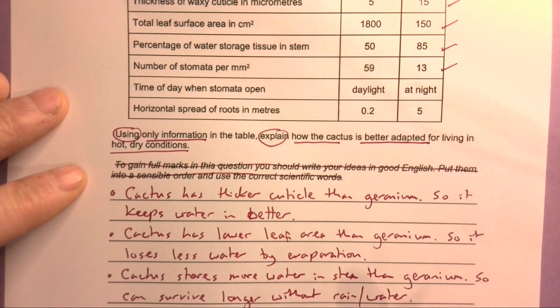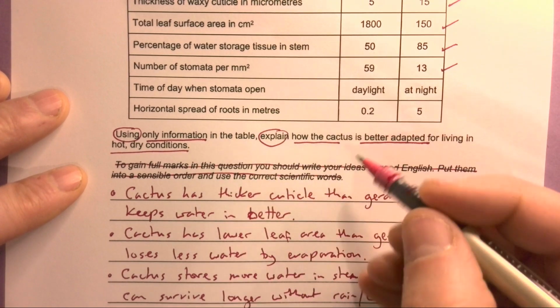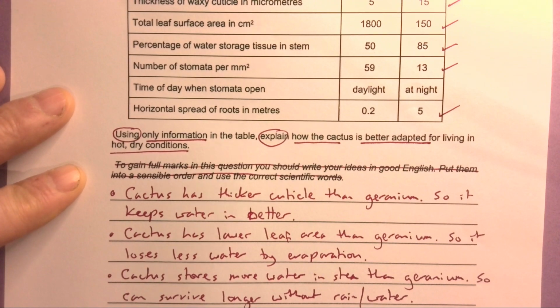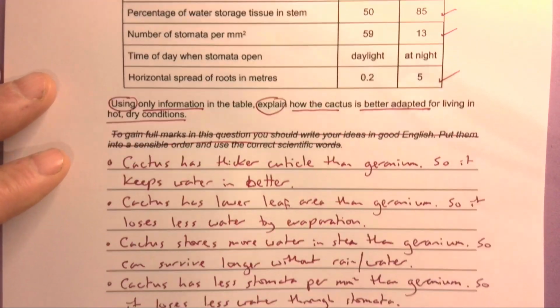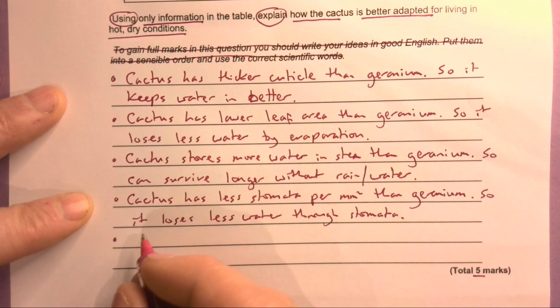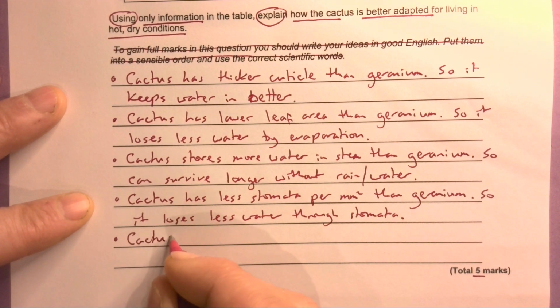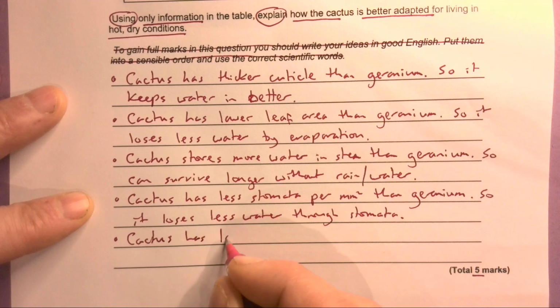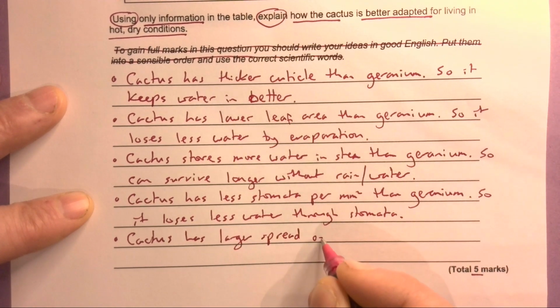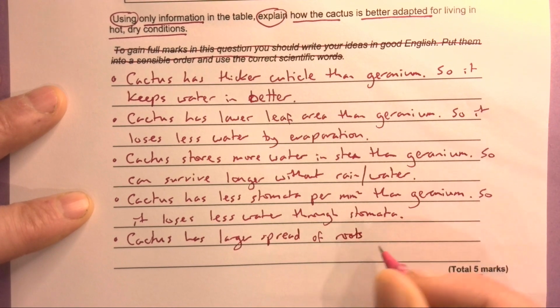And what have we got next? Time of day when stomata open. Or we've got horizontal spread of roots. I might do the roots actually, jump down to that one. So the cactus has got a much greater spread of roots. So cactus has a larger spread of roots than geranium.